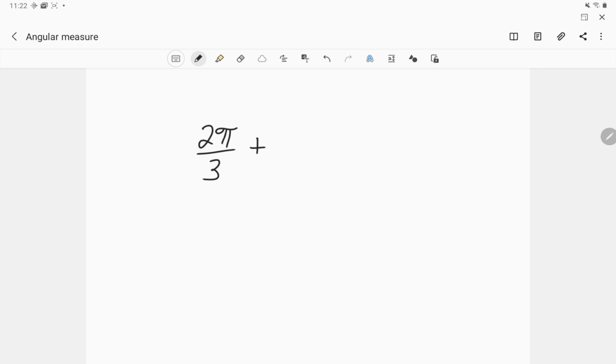Remember, pi is 180, so 2 times 180 would be 360. So I would just add 2 pi. So if you do that, that works out to be 8 pi over 3. And you can just add 2 over 3 plus 2 to give you 8 over 3 and stick the pi in.